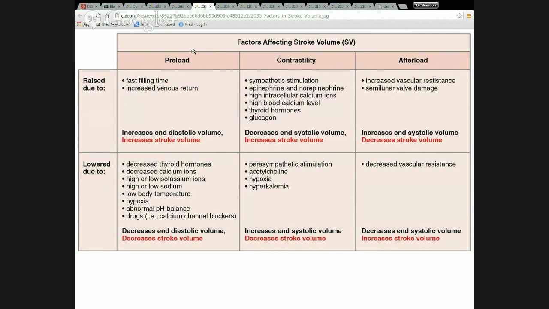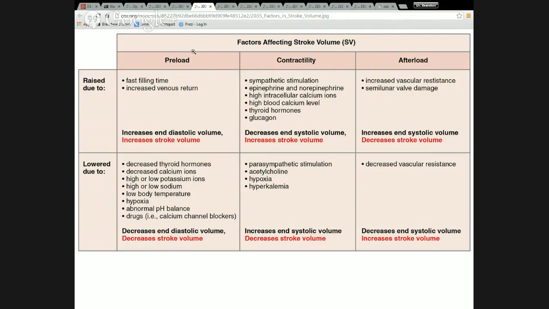Here we're considering it in terms of the cardiac muscle tissue, but really the same thing applies to skeletal muscle tissue. And it's a little easier to demonstrate in terms of skeletal muscle. What preload really means is we can stretch the muscle out a little bit and get more contraction out of it.